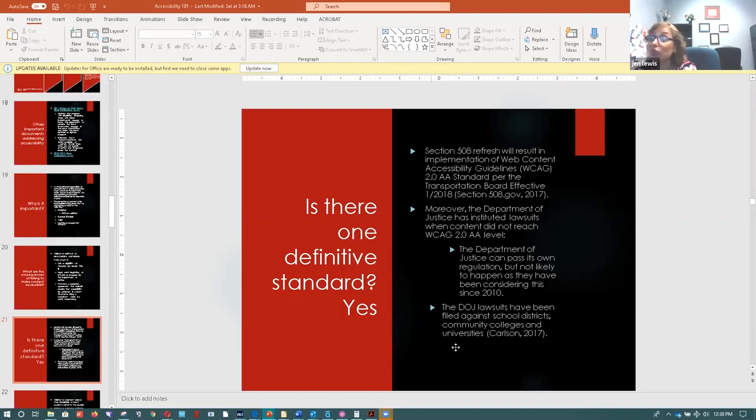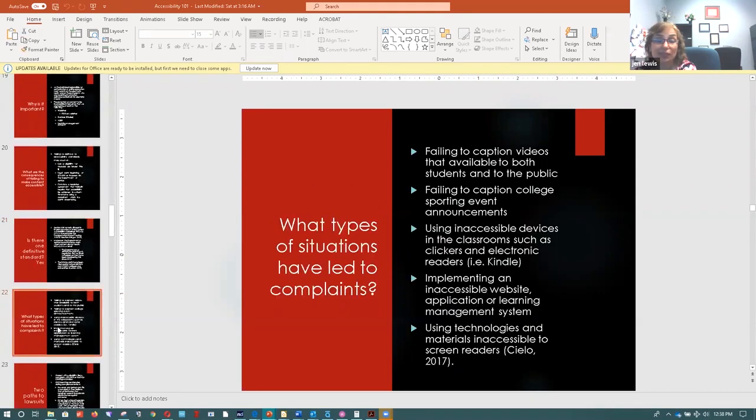But there's been a multitude of suits against school districts, community colleges, and universities in the meantime. What types of situations lead to complaints? Either failing to caption videos, like not even turning on the auto caption in YouTube, or not correcting them and leaving the 80%, because that would be inadequate too, because we know there's significant meaning deficits that you'll see if you go into YouTube and look up some examples of that.